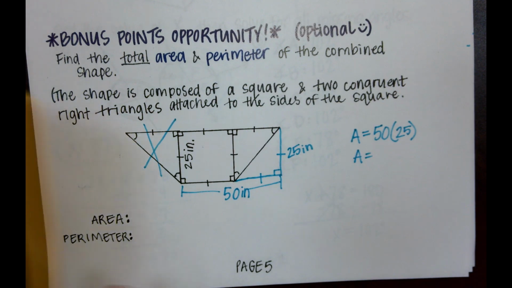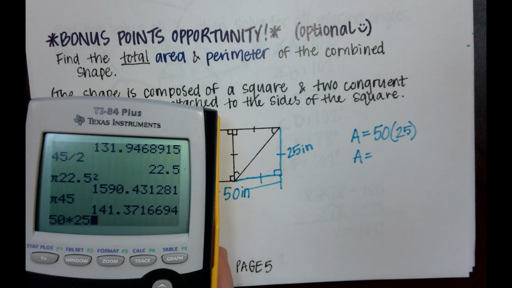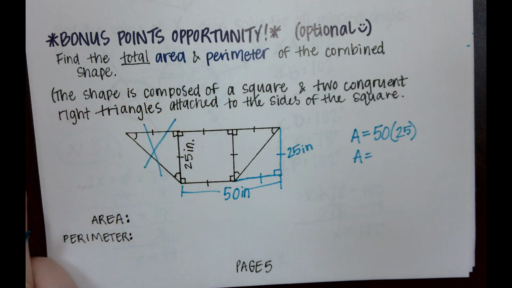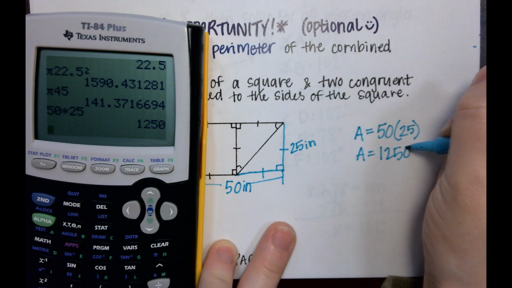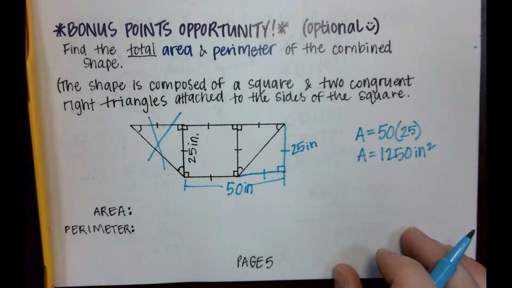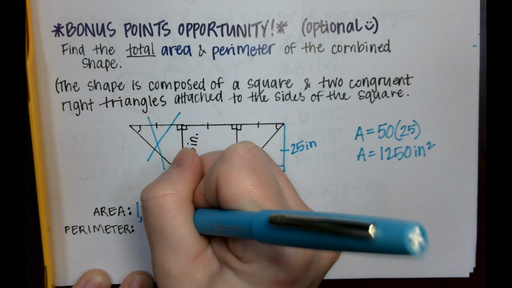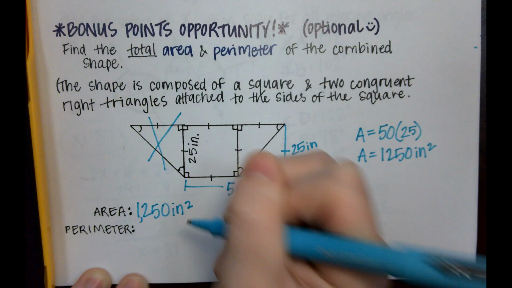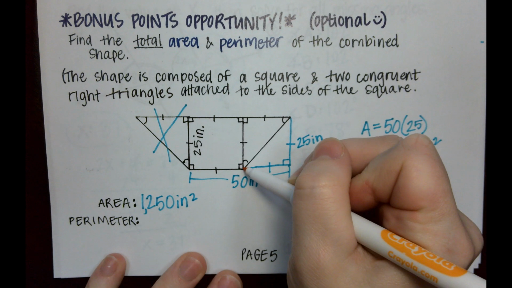So let's see. That'd be 1,250. Perfect. 1,250 inches squared. Now the perimeter is a little trickier because we want to know the perimeter of the original shape.